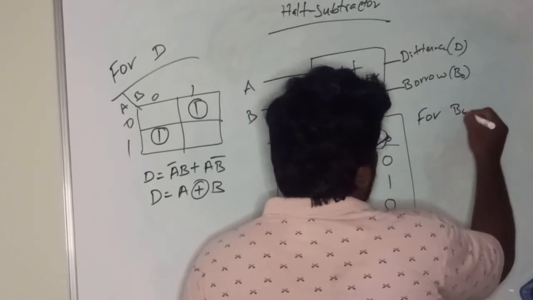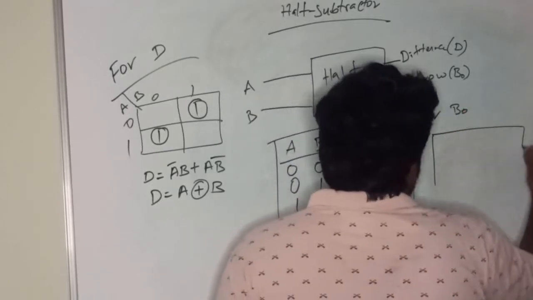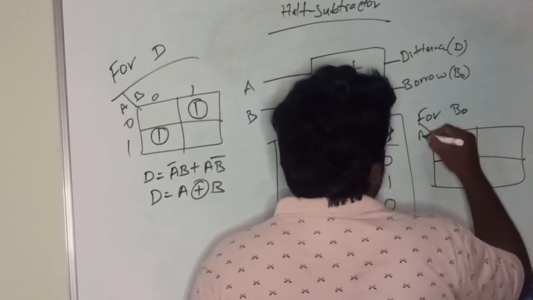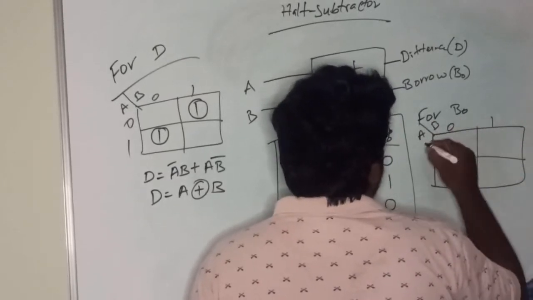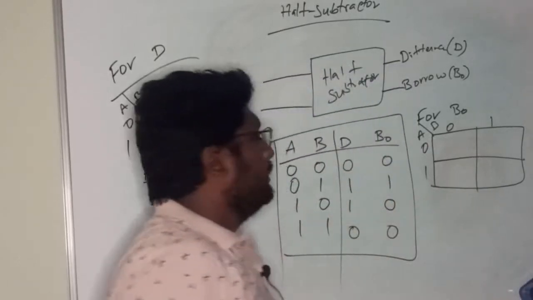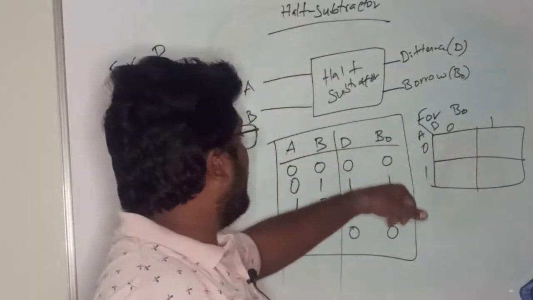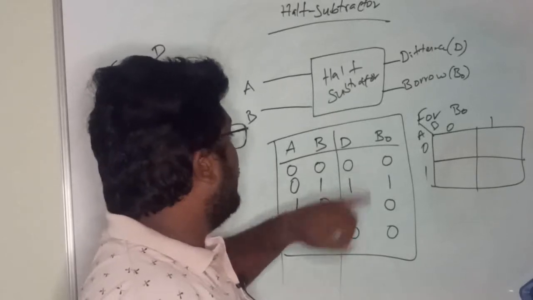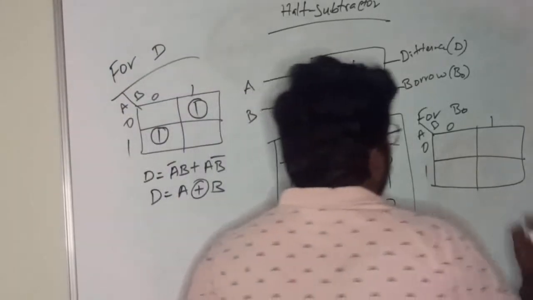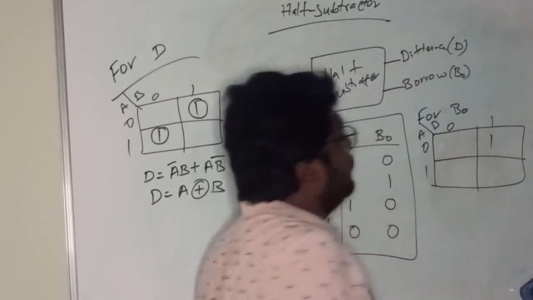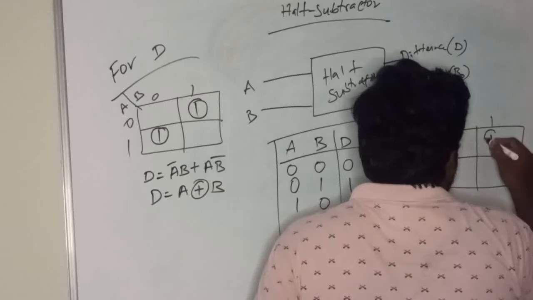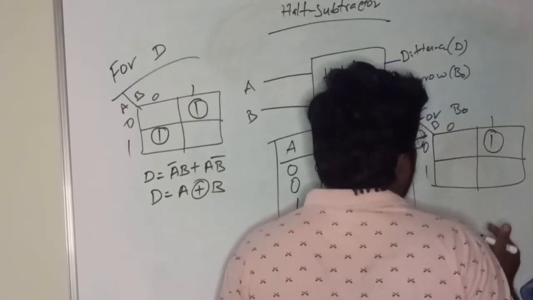Now for the borrow B naught, let us draw the K-map. For B naught, A B 0 1 and 0 1. We have a 1 only when A is 0 and B is 1. This is a single one, so we are unable to group it with any other.